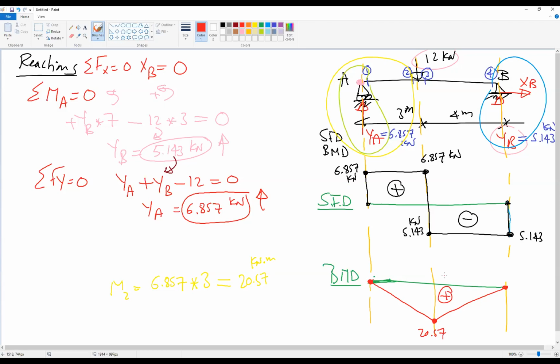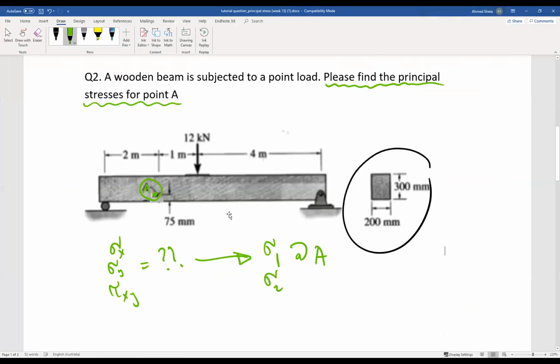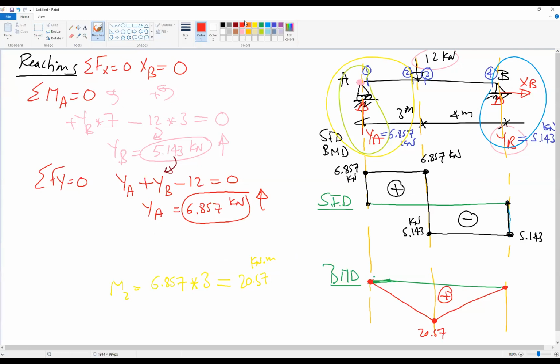But if we return back to the problem, we need to study this section at A only. So we need to find the moment and shear at A. If we return back to the beam, A is only 2 meters from the support here.